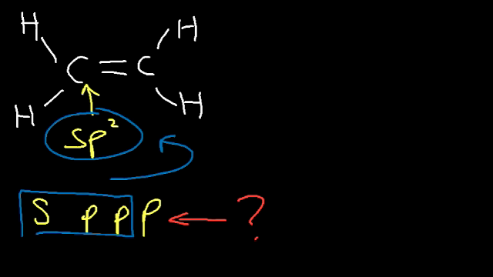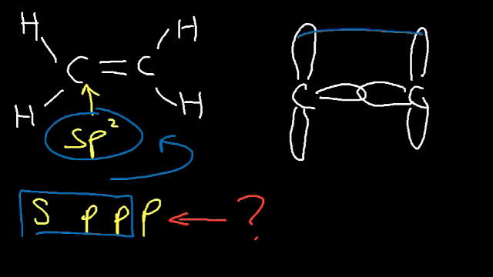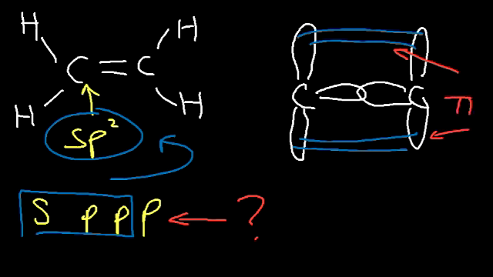In this double bond, there's a sigma and a pi bond. The sigma bond forms through the overlap of atomic orbitals, but the pi bond is above and below the sigma bond. So this is the pi bond, and in the middle you have the sigma bond.